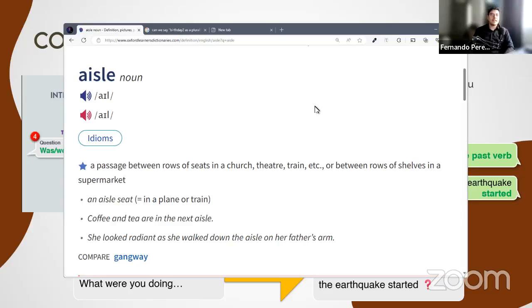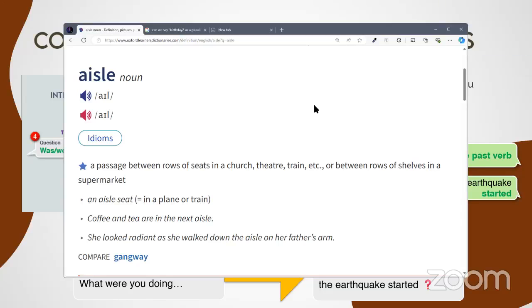Very, very nice. Who was there with you? Were your friends with you? Yes, I was with my friends and my teacher. And your teacher. And what were they doing?